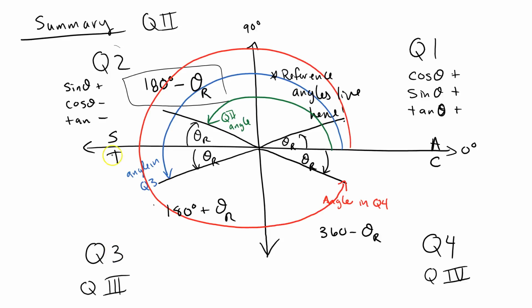In quadrant 3, we have our T is positive, so that means that tan theta is positive, but cosine theta is negative, and sine theta is negative. And for angles in quadrant 4, C is the positive one. So cosine theta is positive, but sine theta is negative, and tan theta is negative.